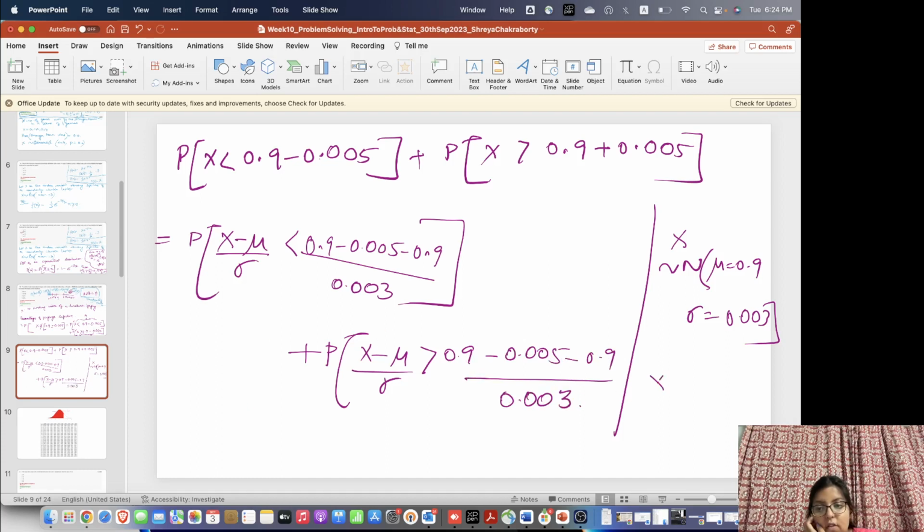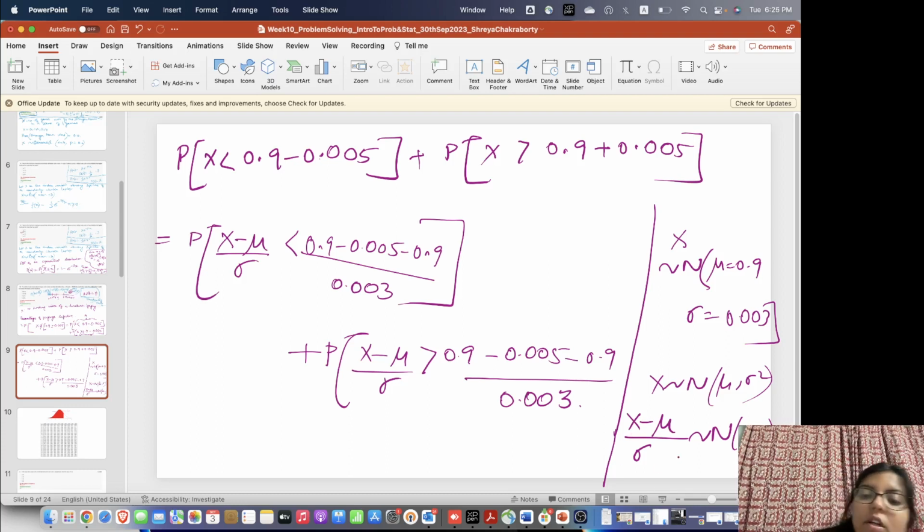Now if X follows a normal distribution with mean mu and variance sigma squared, then (X - mu)/sigma will follow a standard normal. This is an established result. If we subtract the mean of the distribution and divide by the standard deviation, we transform a normal (mu, sigma squared) into a standard normal variable.